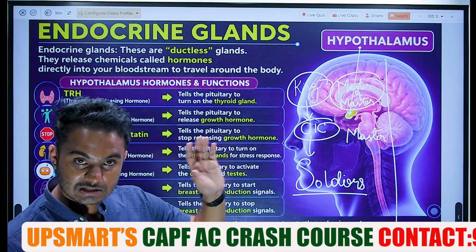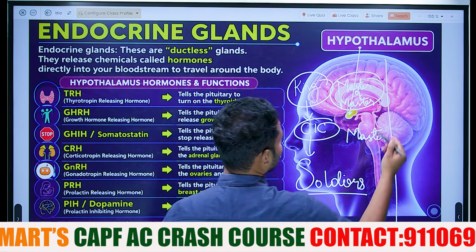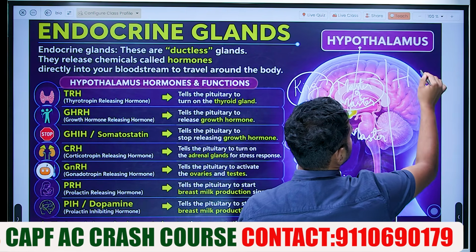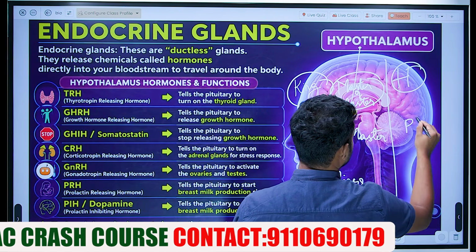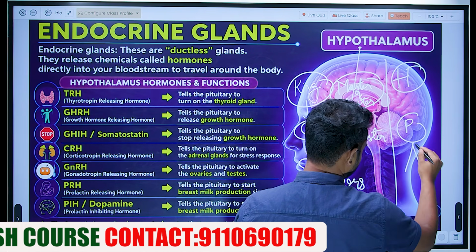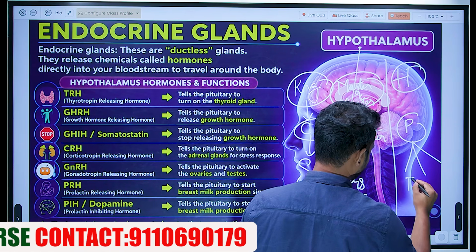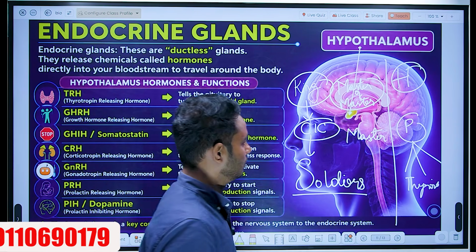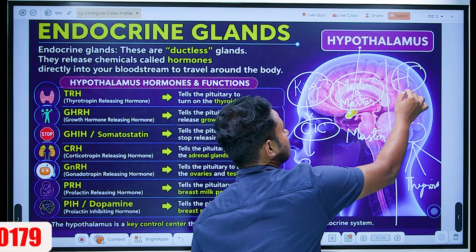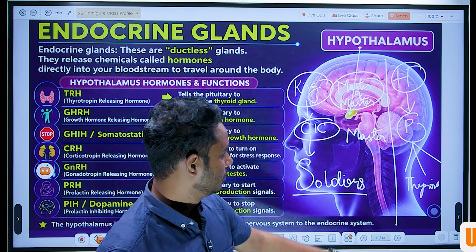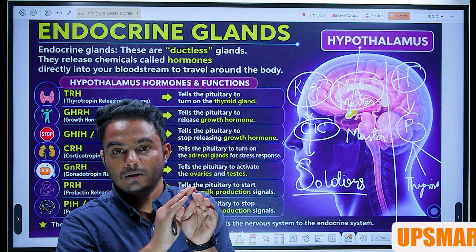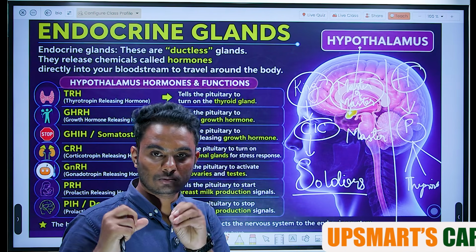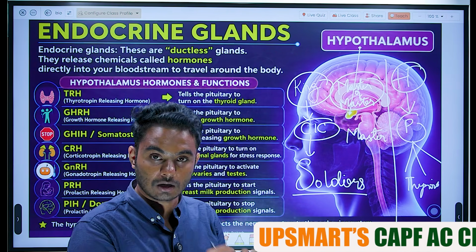Easy. Similarly we have hypothalamus, pituitary, and below that various glands like thyroid. Pituitary tells all the endocrine glands what to do.